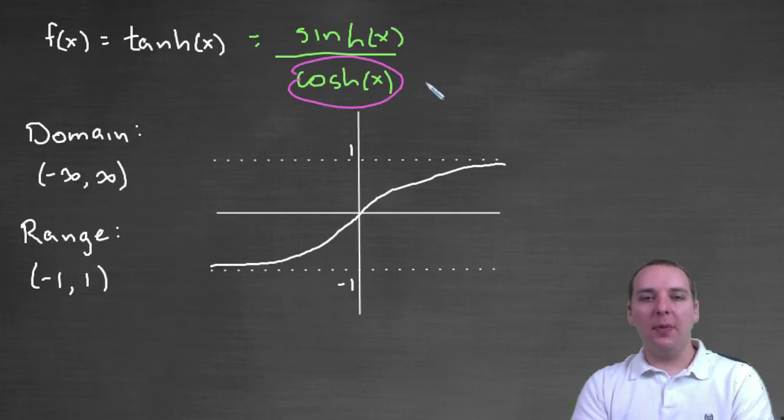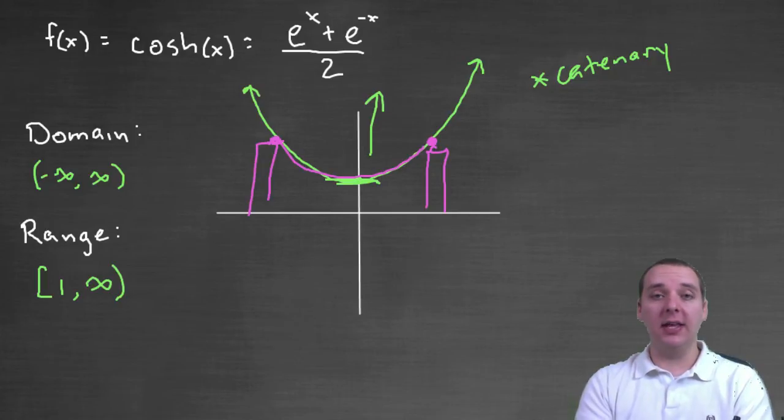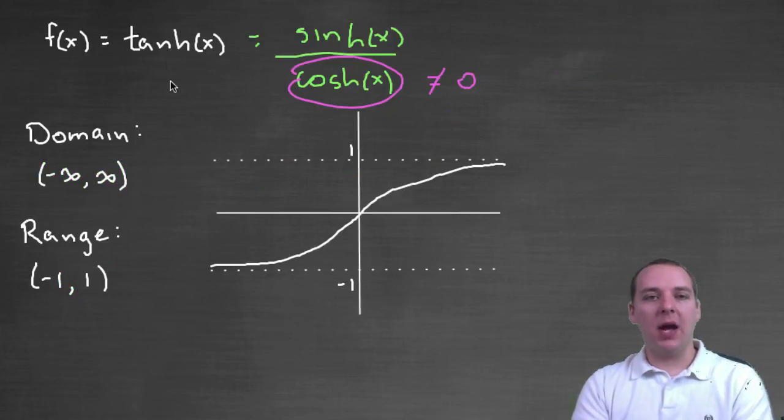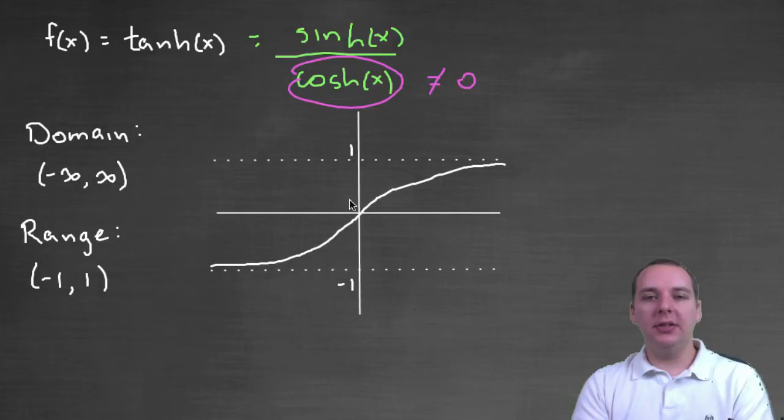You'll notice that hyperbolic cosine is never equal to 0. You see the hyperbolic cosine graph never crosses the x-axis, which means hyperbolic tangent never gets in trouble. And so his domain is all real numbers, and the range is minus 1 to 1. So it kind of looks like this. You have horizontal asymptotes at y equals negative 1 and y equals 1.